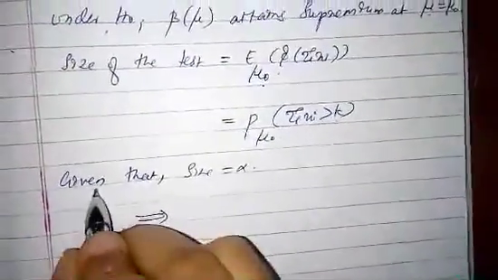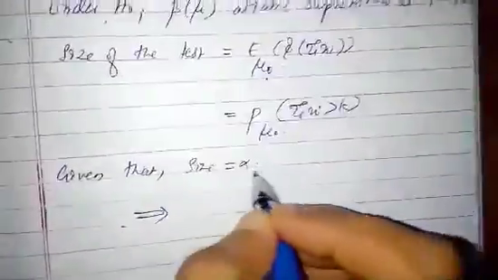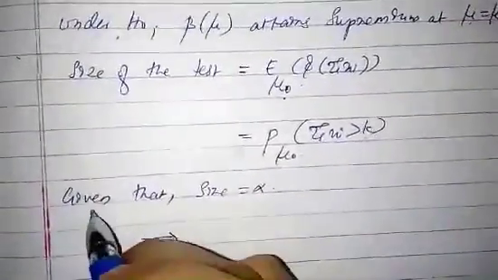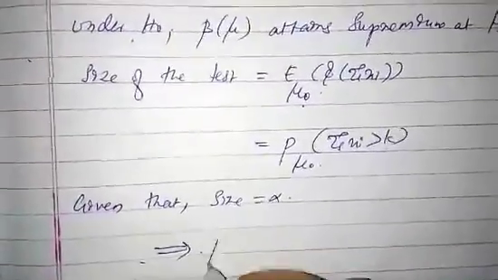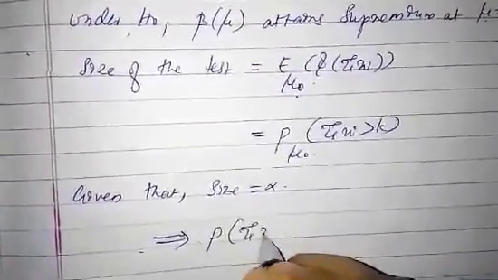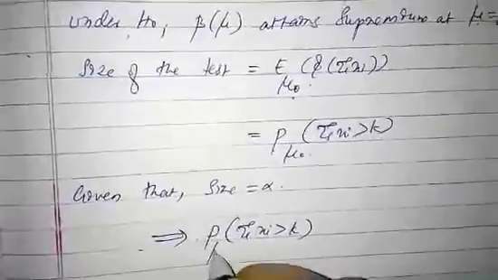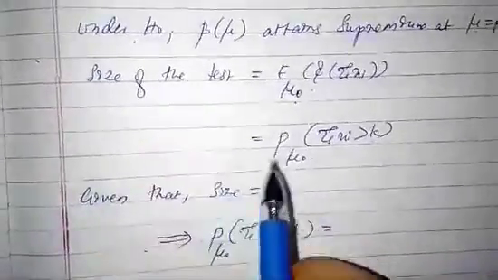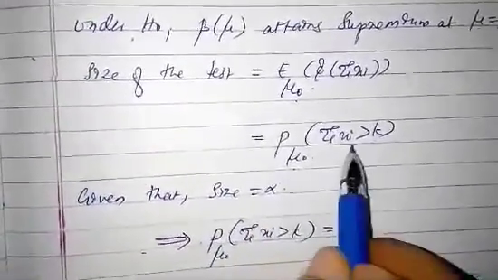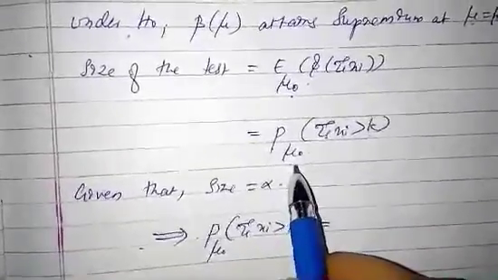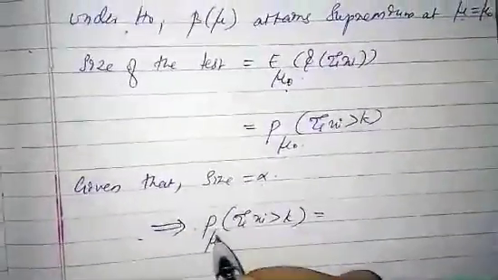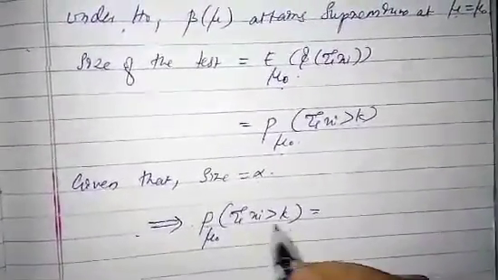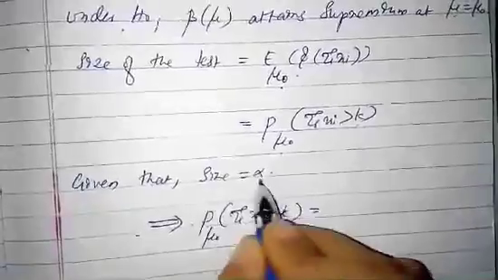It is also given that psi is equal to mu, so the probability of summation Xi greater than k under mu naught equals the size of the test, which equals alpha.